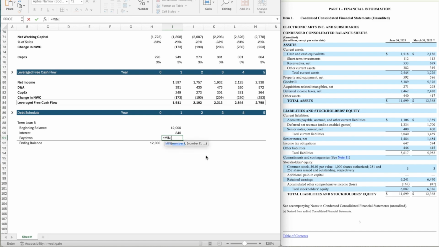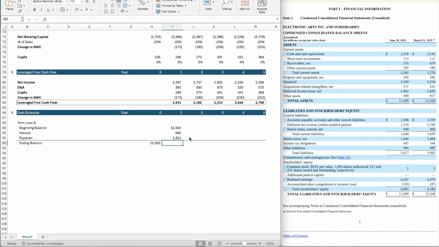We take that function and select, let me just check that. Yeah, sorry about that. It is equals MIN, and it's the minimum of the beginning balance and the levered free cash flow.